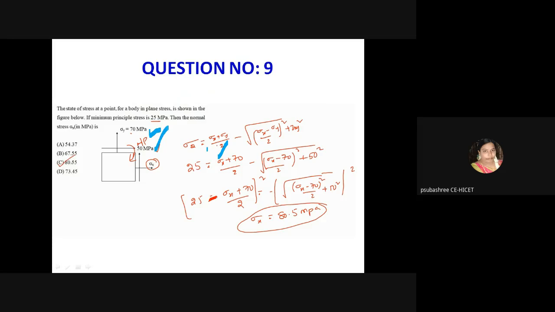So you substitute the sigma 2, sigma y and tau values, then we will get the sigma x value. Sigma x is equal to 80.5 megapascal.